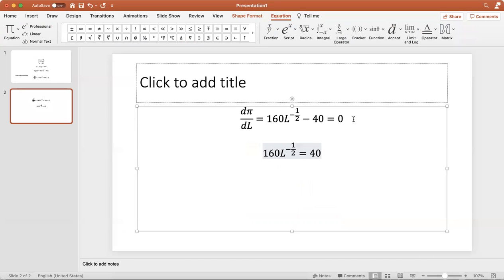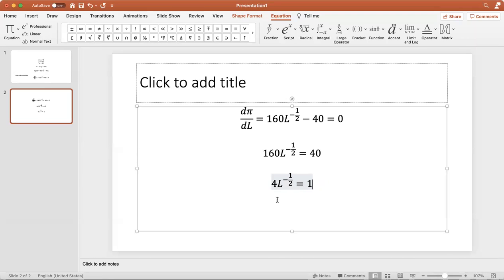Okay. You can actually divide both sides by 40, and you'll get 4 L raised to negative 1/2, and then that's just equal to 1, right? 40 times 4, 160, right, equal to 1.